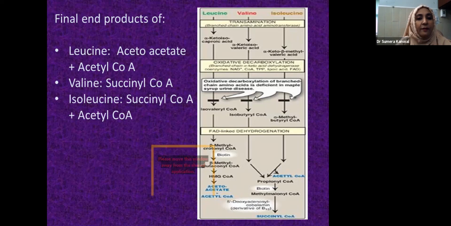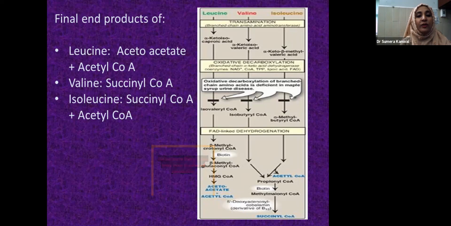So here we can differentiate these amino acids as glucogenic and ketogenic amino acids. If they give the intermediates of glucose metabolism, then they are glucogenic amino acids. And if they give the metabolic intermediate associated with the formation of ketone bodies, then it is a ketogenic amino acid.